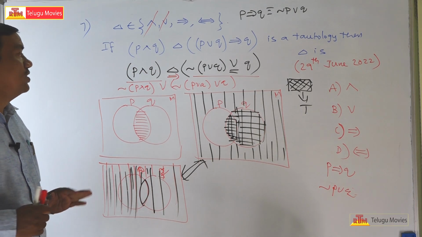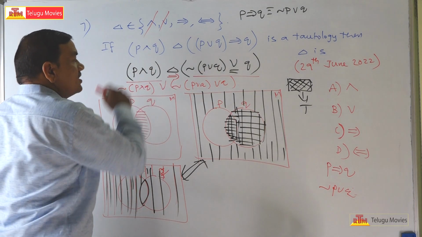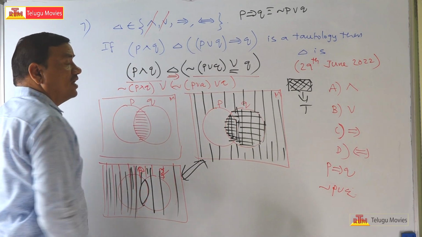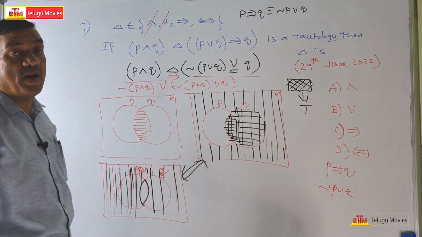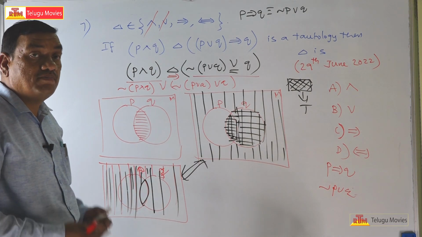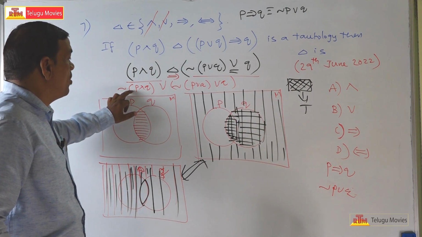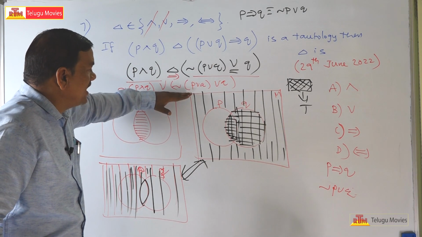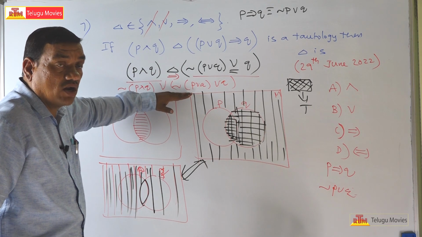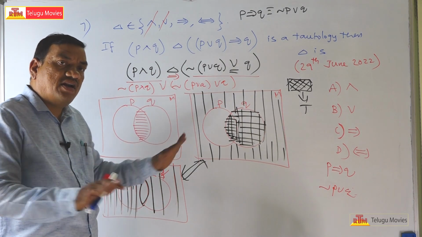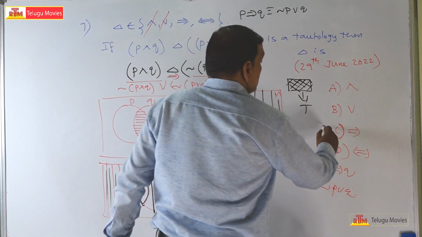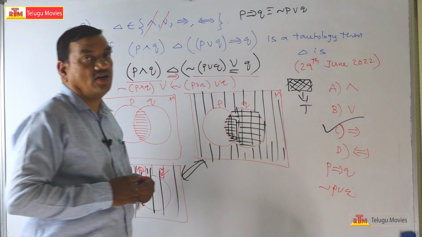In place of delta, if you put the symbol implies, that is negation of P and Q or this statement as it is, and you draw the Venn diagram of this, the total Venn diagram will be shaded. Therefore, C will be your right answer.